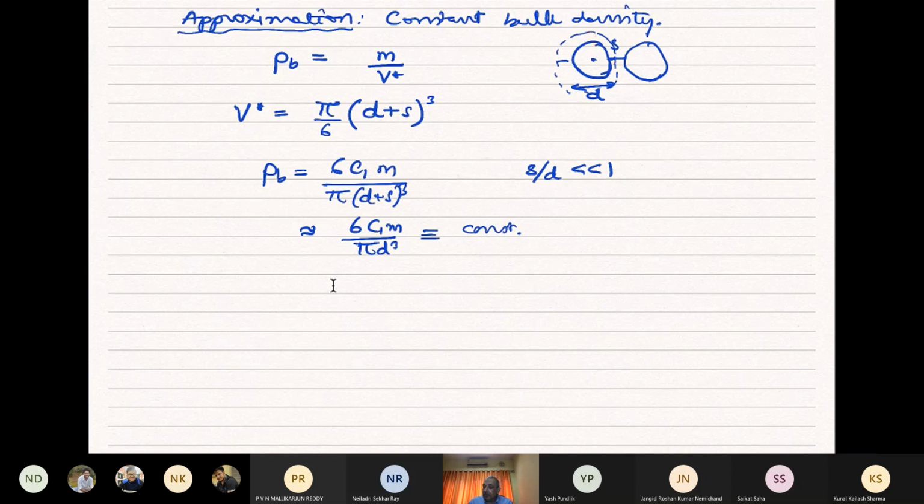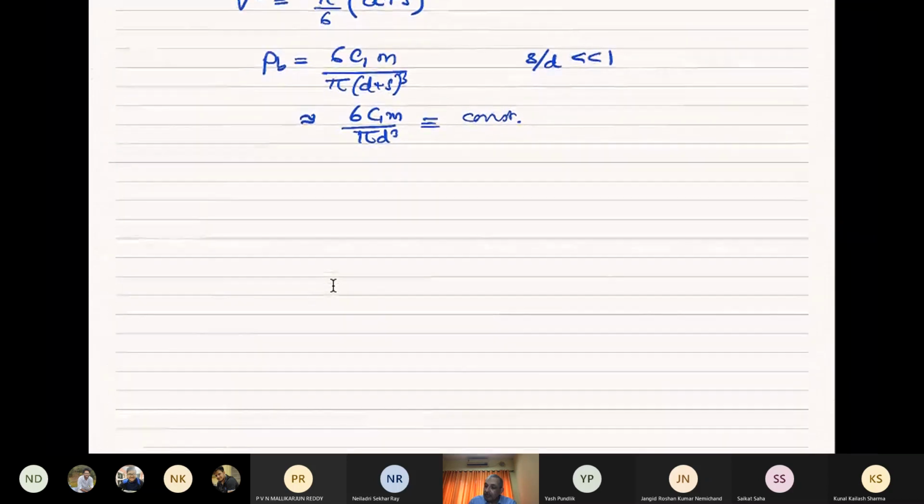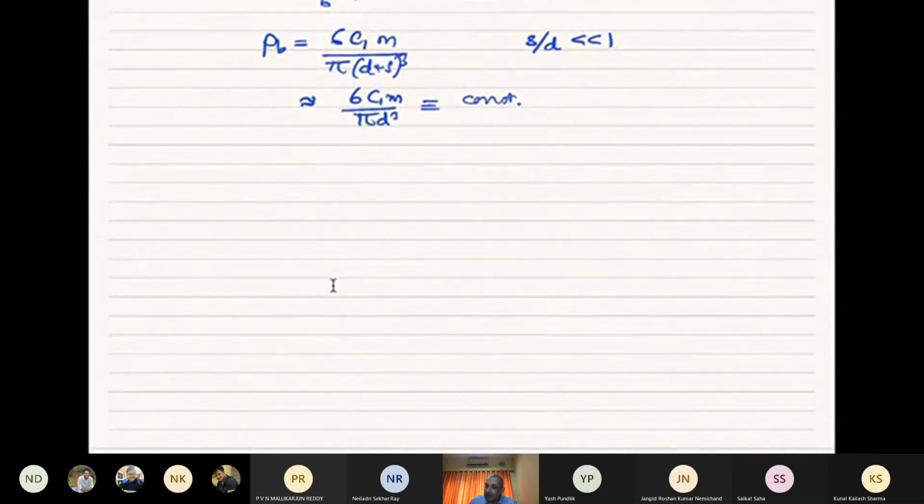So though density we take to be constant, we won't take S to be constant, because as S reduces, the effective viscosity of the system increases a lot. So that's why this S will always be kept as one of the parameters rather than the bulk density.